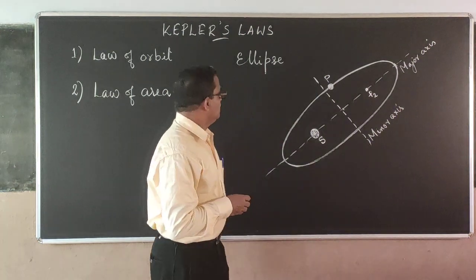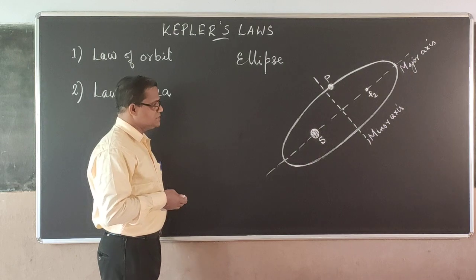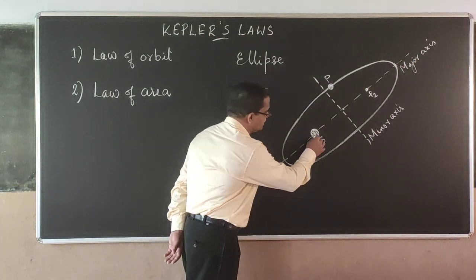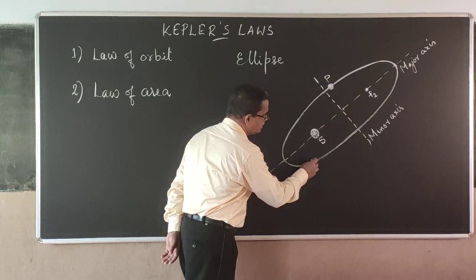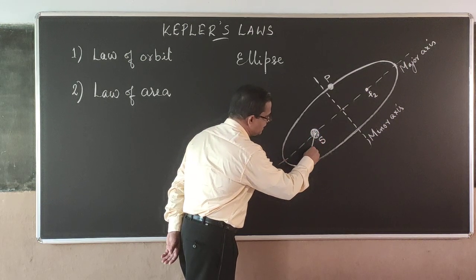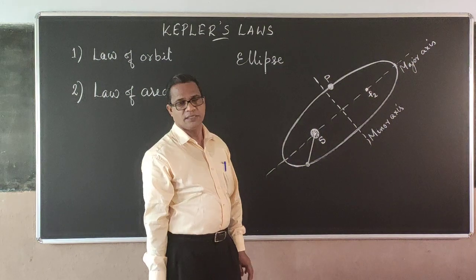Okay? Now, what it refers to is, at an instant, let me consider the planet is here, and the radius vector will be the line joining the planet to the sun.